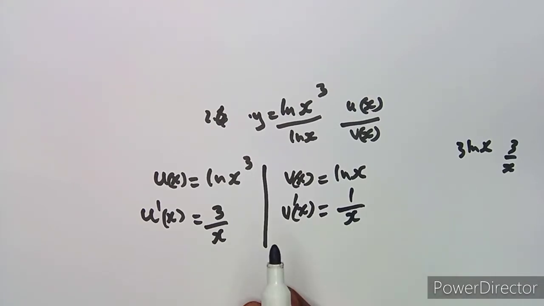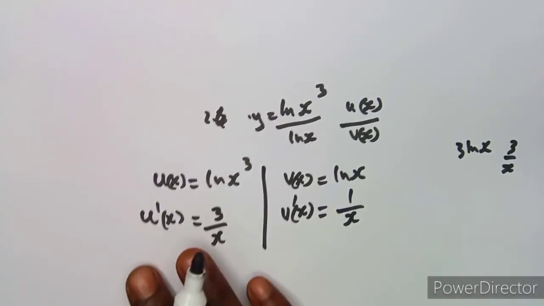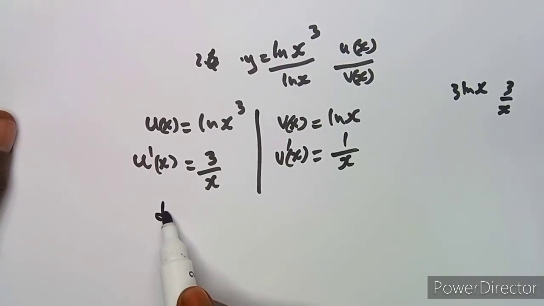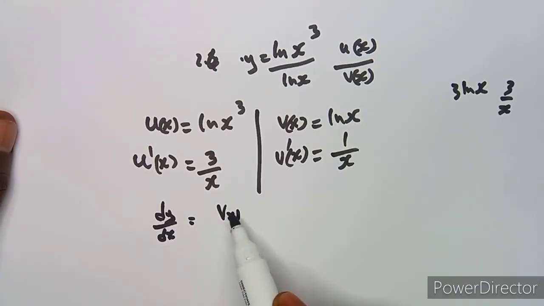All right, now we can apply the formula. Remember, our formula is stating that dy/dx is equivalent to v(x) times the first derivative of u. I'm not going to write this down, I'm just going to substitute.